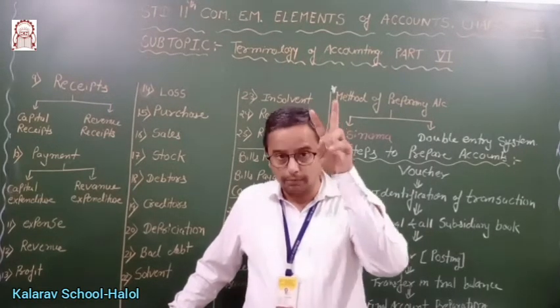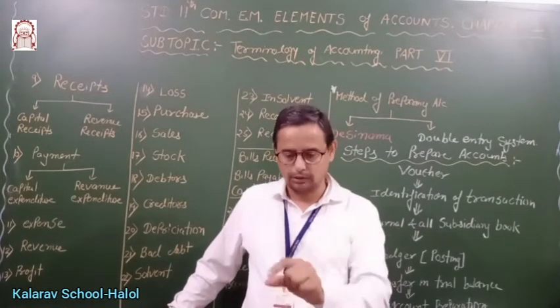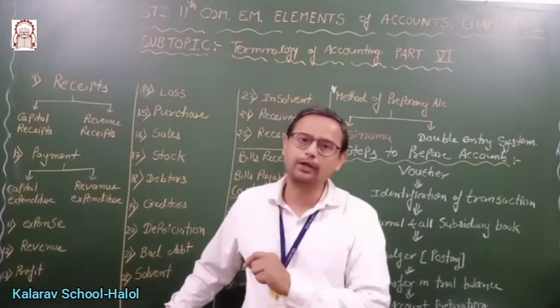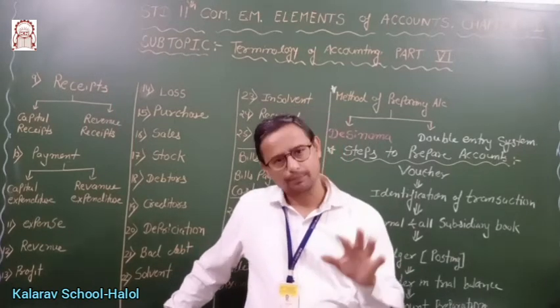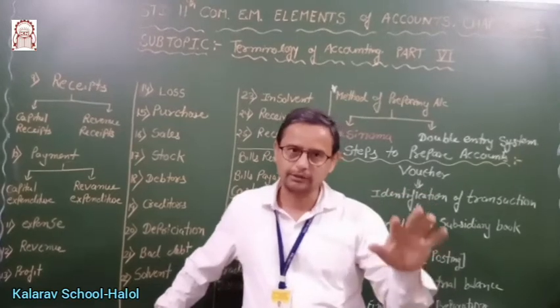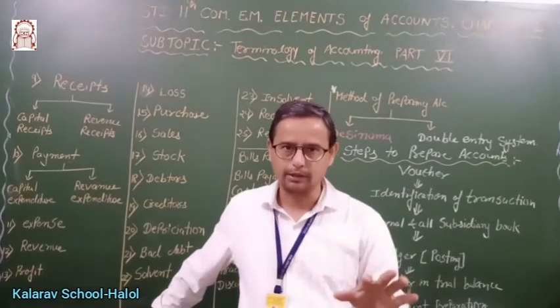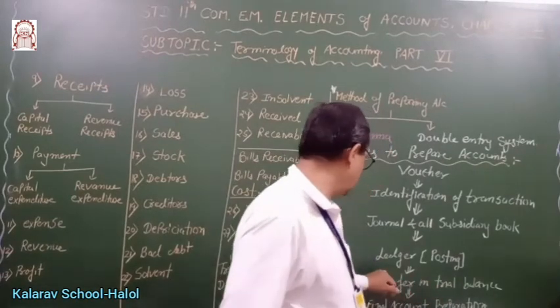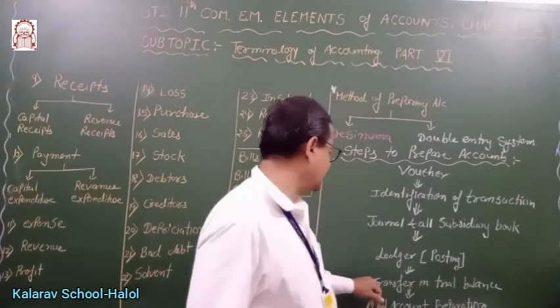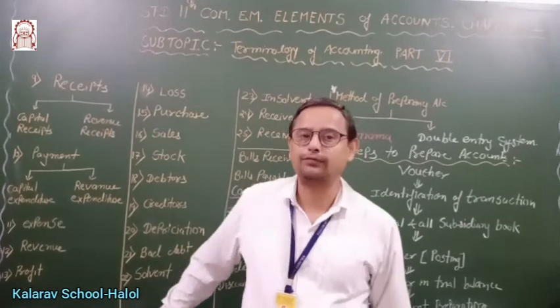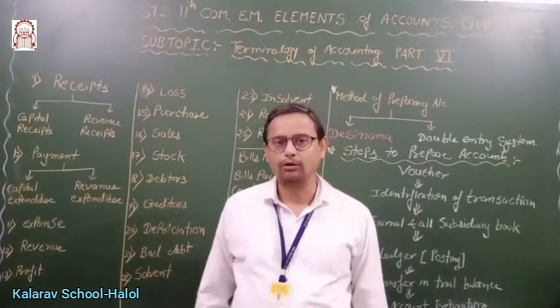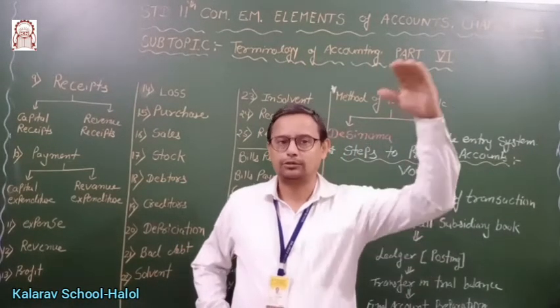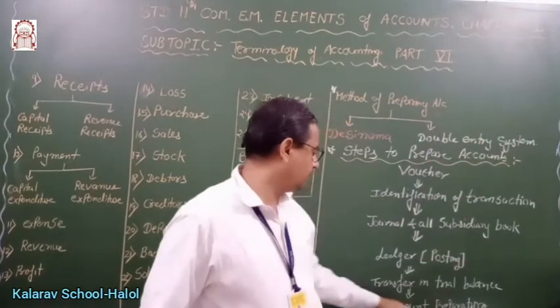If it is tallied, meaning both sides of the account become equal, then we can say yes, the transaction is appropriate, there is no mistake. And after that, whatever is in the trial balance, we shift into the final accounts, and that is the apex of the entire accounting system.